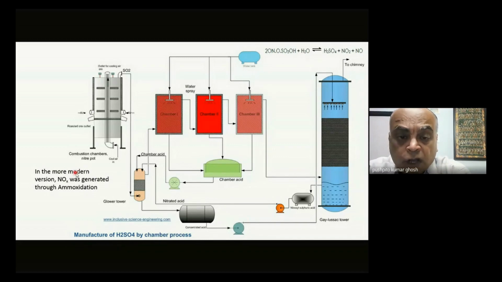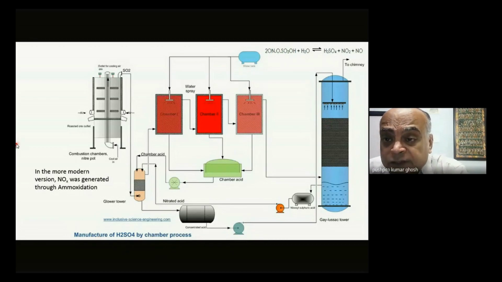Okay. So first this reaction took place, the reaction between the chamber acid and the nitrosyl sulfate, and it formed sulfuric acid, and the concentration of sulfuric acid increased. It went into this container, and the SO2 and NO2, whatever was left, was brought in here, and then the successive oxidations took place.